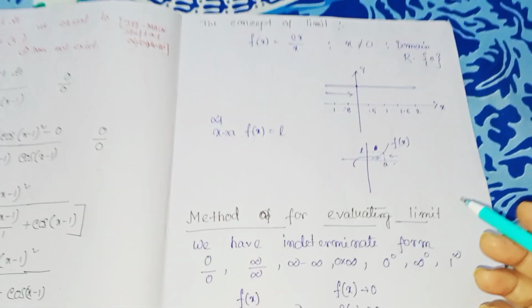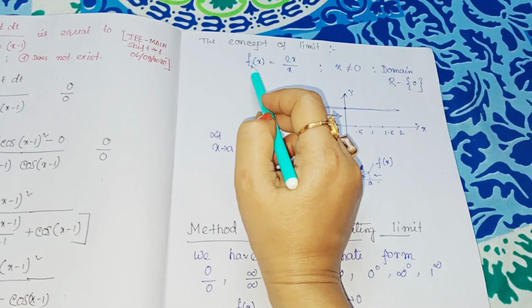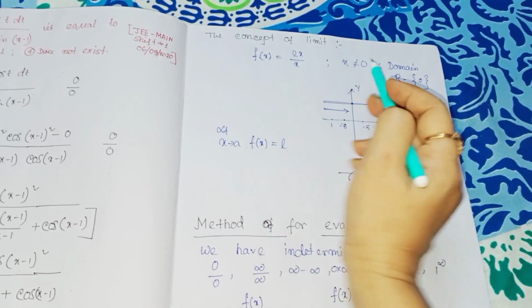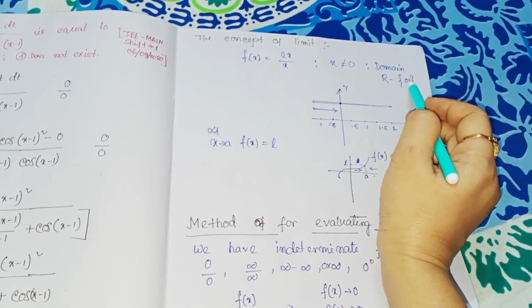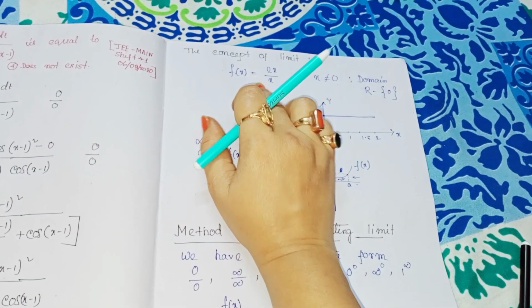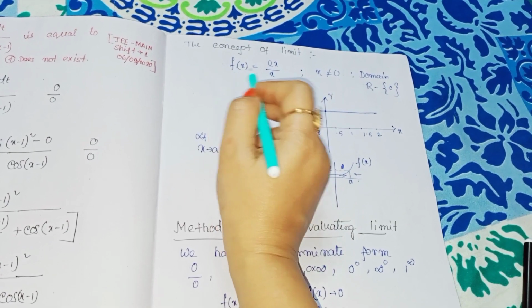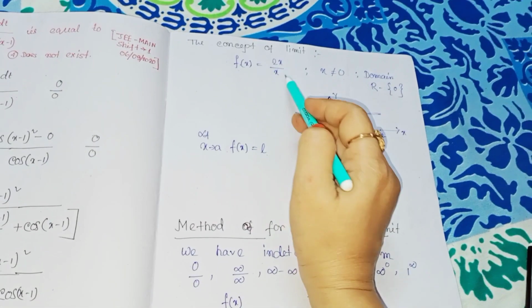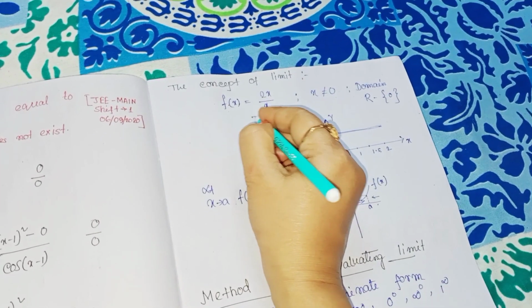Now the concept of limit. Suppose here the function is f of x is equal to 2x by x, where x is not equal to 0, and the domain is R minus 0, all numbers except 0. Here we defined f of x is equal to 2x by x. If we cancel, this becomes 2.